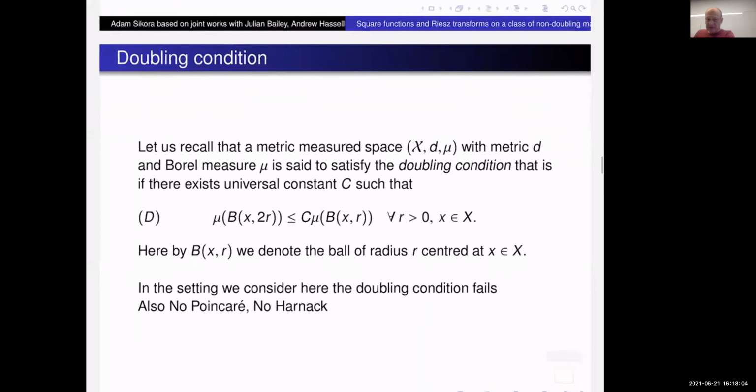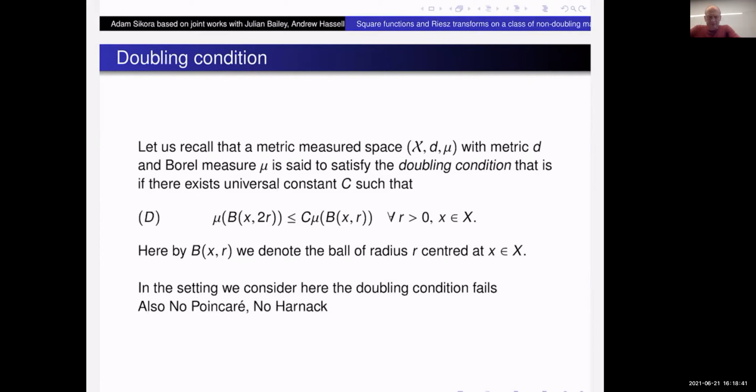So pretty much in every book in harmonic analysis, say in Stein or something of that type, you will sooner or later, rather sooner than later, end up with the definition of a doubling condition. And this is a very natural condition. It essentially says that the volume of the ball behaves like a polynomial, right?